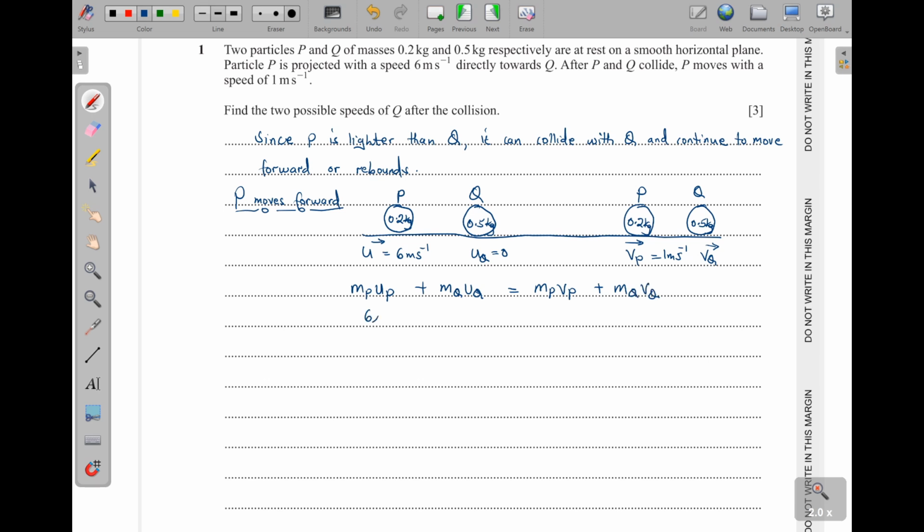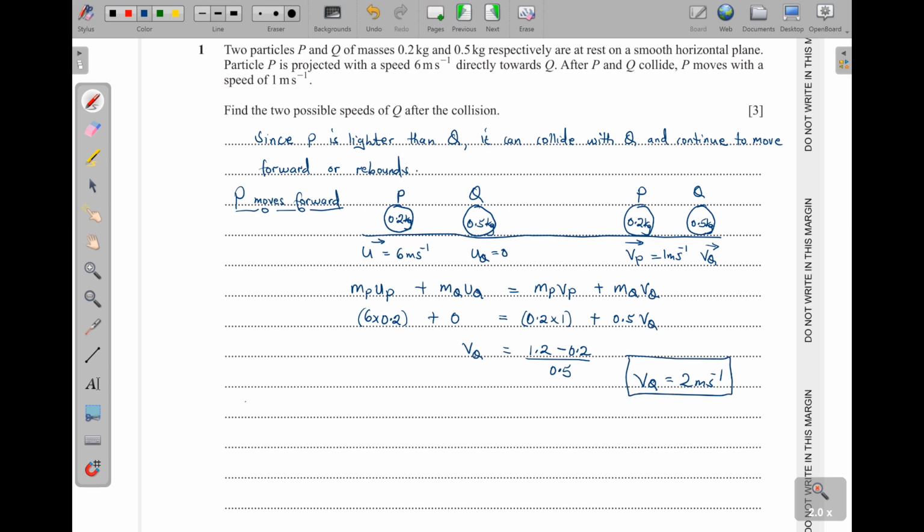Now we have 6 times 0.2, then plus for Q the momentum is going to be 0, and then after collision we have the mass of P, which is 0.2, times its velocity, which is 1, and then for Q the mass is 0.5 times VQ. So finding VQ, 6 times 0.2 is 1.2. Then we subtract this 0.2 from here, then we get 1. Then 1 divided by 0.5, VQ is going to be equal to 2 meters per second.